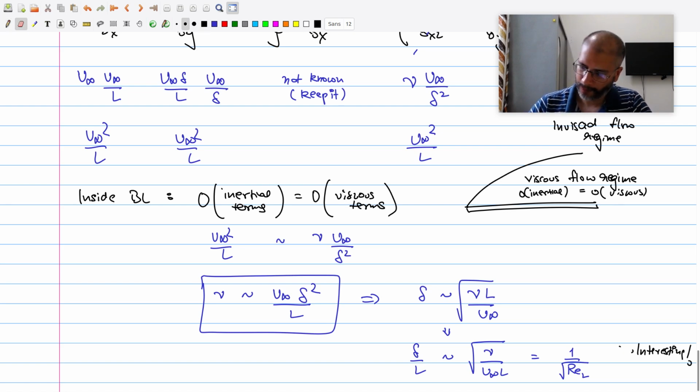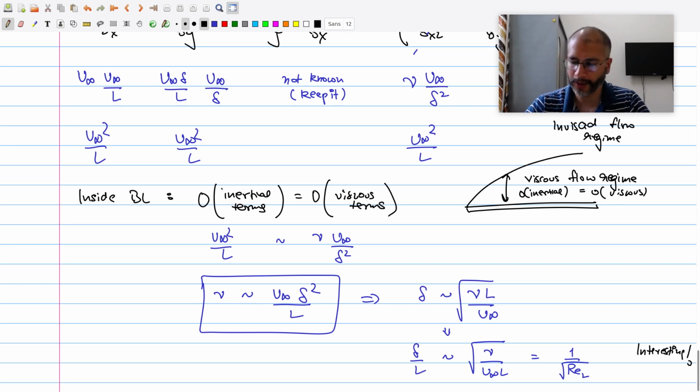The reason is that we still haven't found what exactly the boundary layer thickness delta value is, because we said that it's important to find it out. But we have found that delta by L decreases as 1 by Reynolds number to the square root.